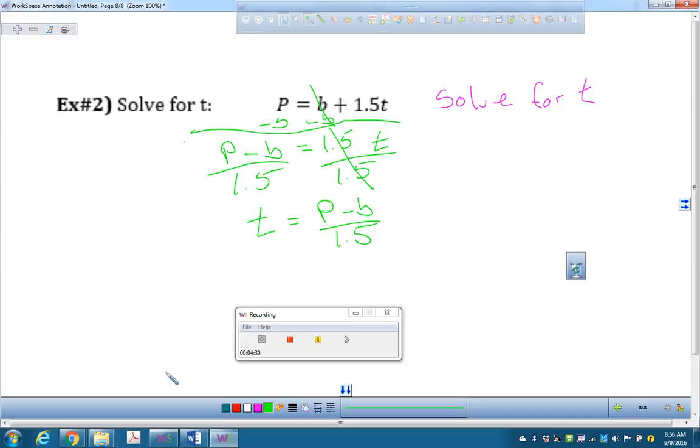Can you divide t at the beginning? No, okay? You can't divide t at the beginning. You have to do the opposite order of the order of operations. Will said, can I divide? That's a good question.